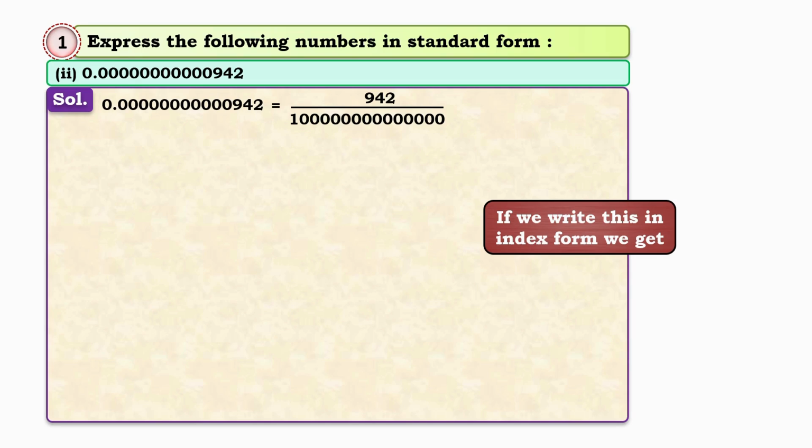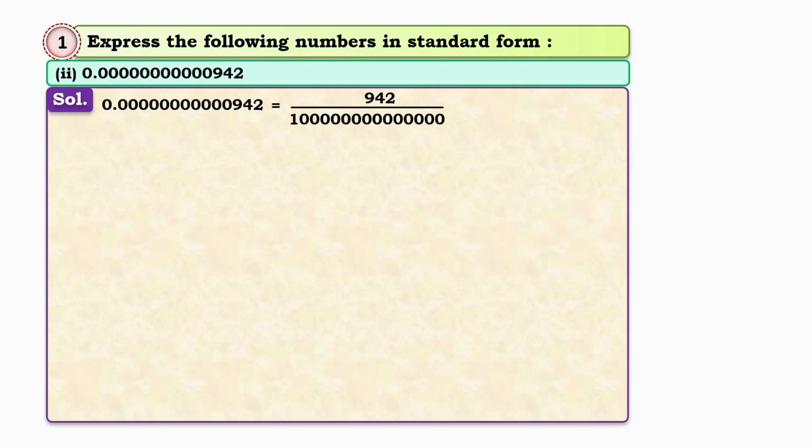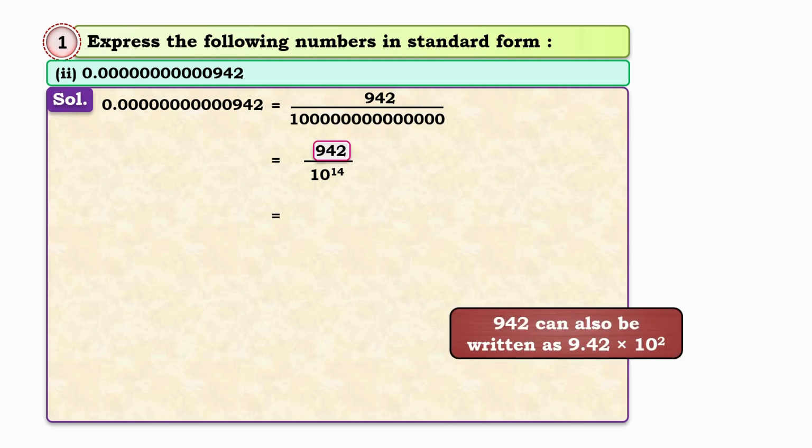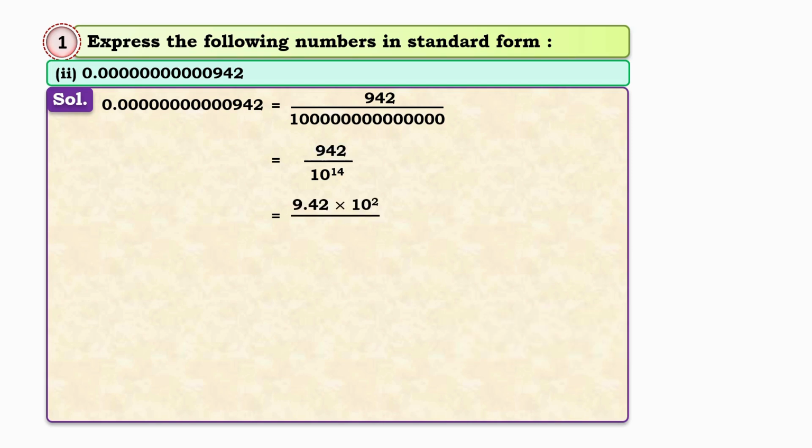So 942 divided by 1 followed by 14 zeros. So now we are going to write in the form of index, 942 by 10 to the power 14. Now 942 can be written as 9.42 into 10 to the power 2.